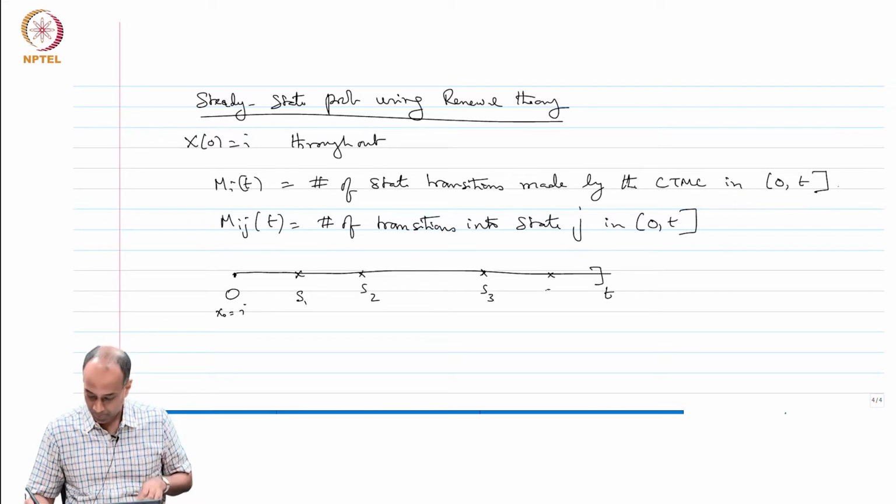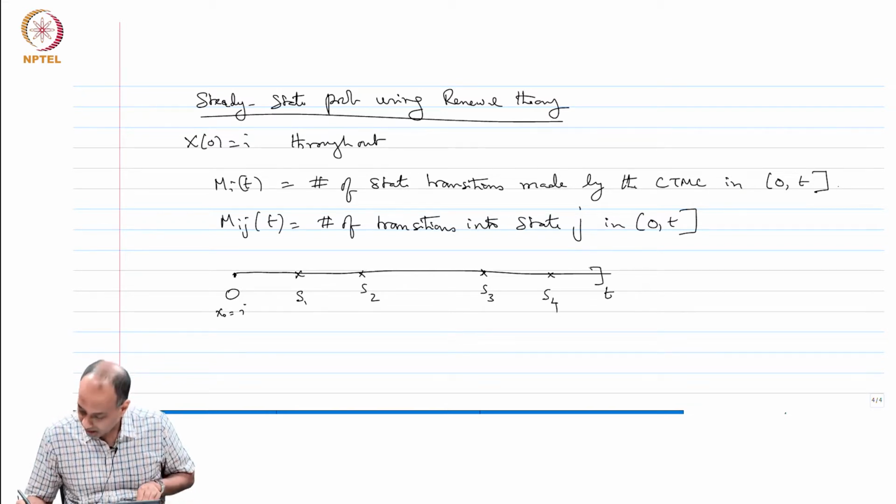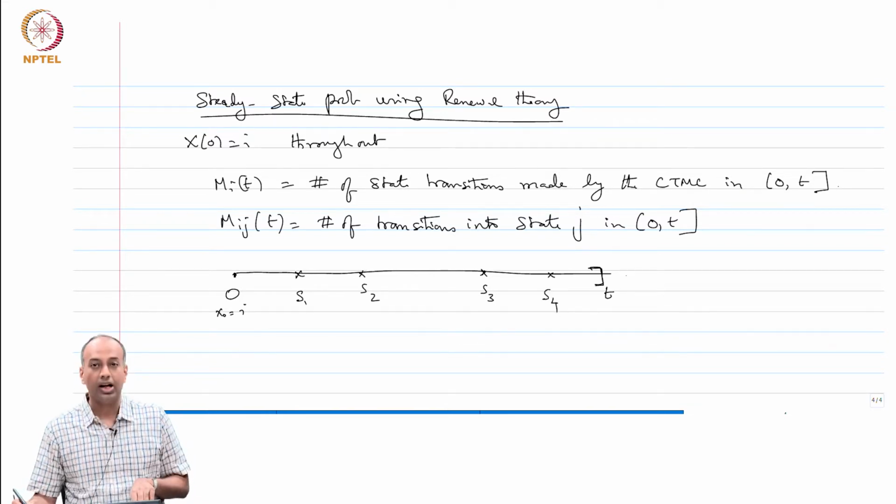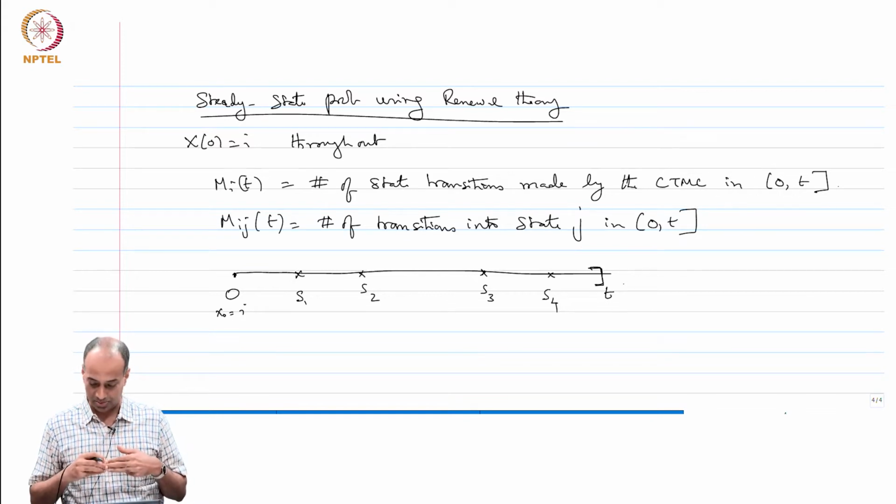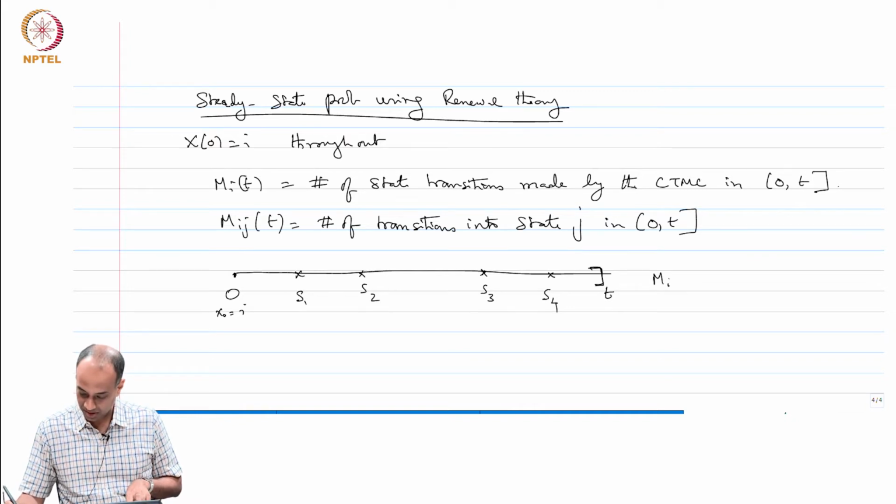You look at up to and including t, the number of transitions the CTMC has made, which is also the number of transitions the underlying DTMC has made. In this case Mi(t) will be 1, 2, 3, 4.